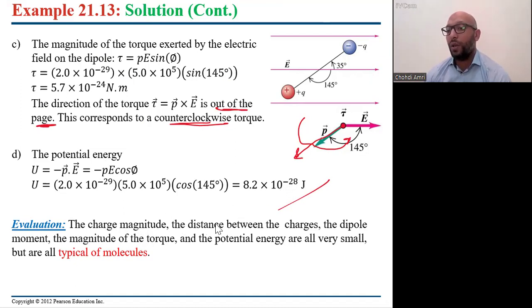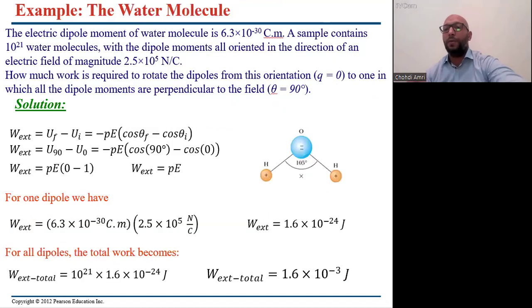The charge magnitude, the distance between charges, the dipole moment, the magnitude of the torque and the potential energy are all very small, but are all typical of a molecule. The joule is a very big unit for the potential energy due to an electric dipole, so usually we will use the electron volt. Okay, no problem with that.